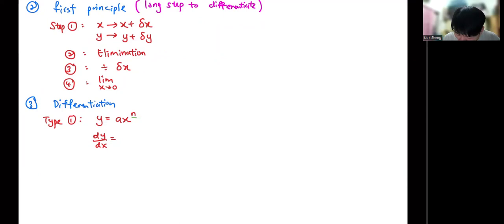The power times to the front and then minus 1. The power times to the front minus 1. Okay, first type.